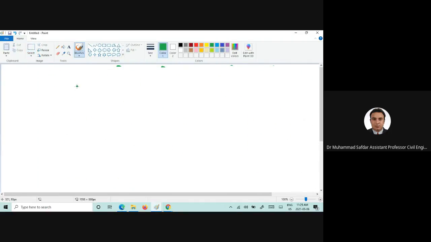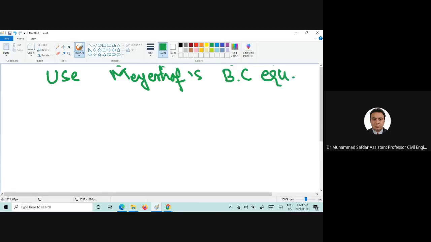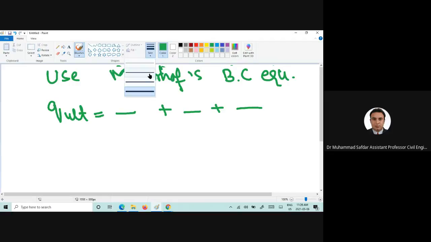You can use the first term, then the second term, and then the third term. Okay, for the first term, we need to reduce the width here.